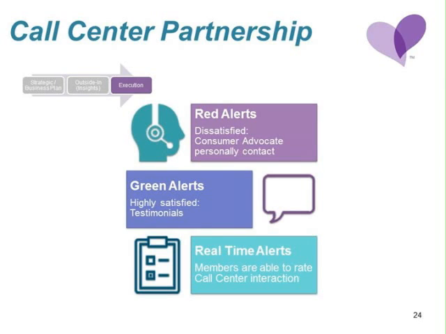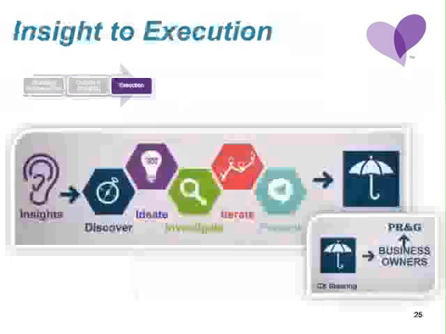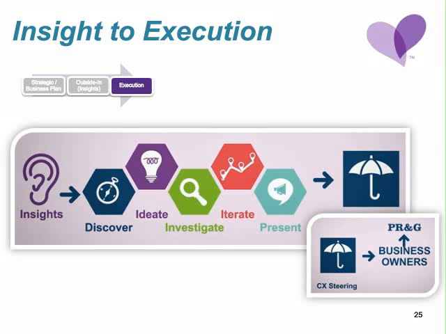The other piece to insights to execution, the second execution piece, is that we created what we're calling insights work groups. Based on those drivers that I talked about earlier, we've sought out volunteers in our organization. We actually have 4 key drivers we focus on.